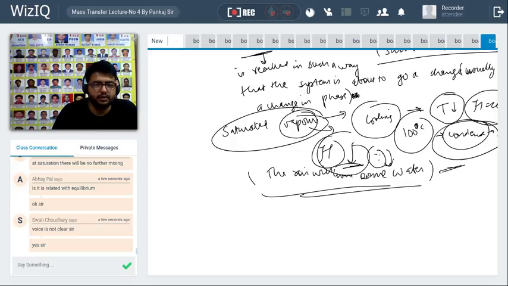So I'm telling a fraction related only to humidity, then a fraction related only to drying, and then I'll merge both concepts and tell you how the equilibrium is attained, how the mass transfer occurs so that the system reaches equilibrium.